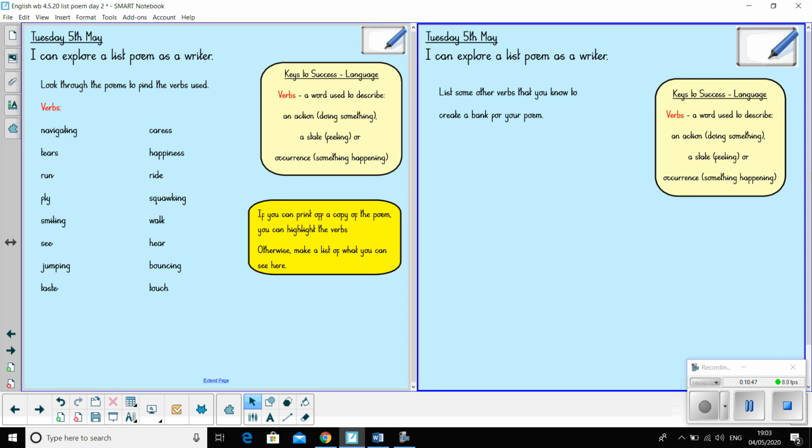Make a list. It's going to help you with your learning tomorrow, so make sure you list as many as you possibly can. Take a little bit longer to do this part. Give yourself about 5 minutes or so and think about which ones might be relevant to your wishes as a starter for our work tomorrow.